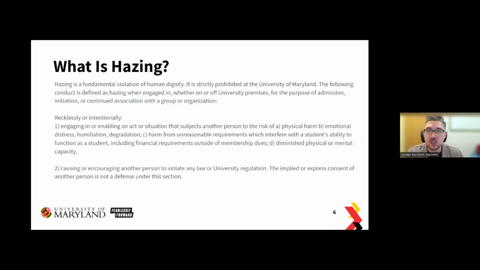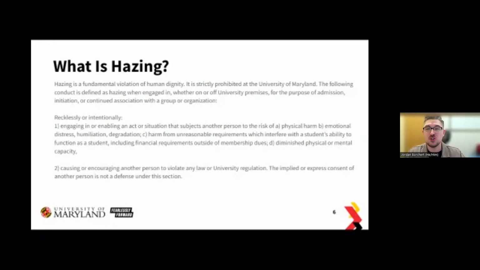So our definition, and most definitions around hazing, is that it is recklessly or intentionally engaging in or enabling an act or situation that subjects another person to a risk of physical harm, emotional distress, humiliation, degradation, harm from unreasonable requirements which interfere with a student's ability to function as a student, right?